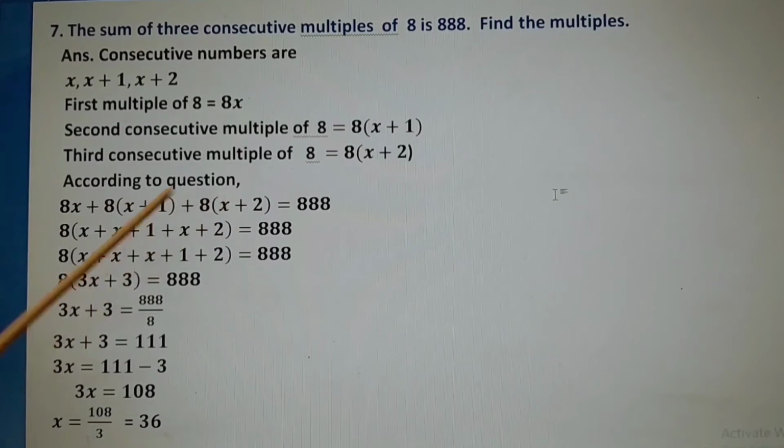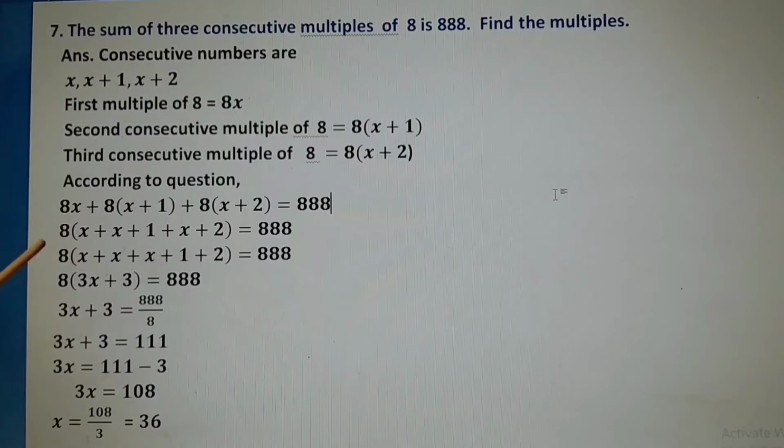We can see that in all the three terms 8 is common. We can take 8 outside the bracket. After taking 8 outside here, what is left? x is left. Here also, taking 8 outside, x plus 1 is left. Here, 8 taken outside, x plus 2 is left.